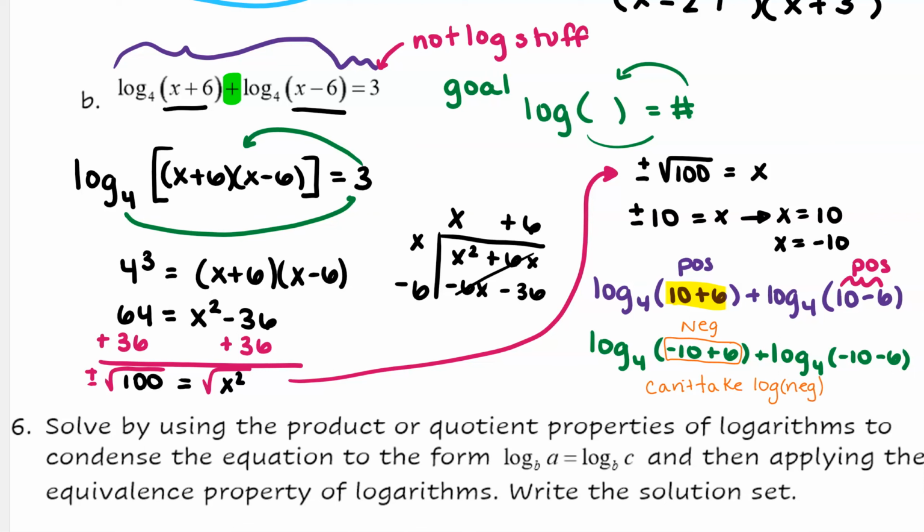So negative 10 didn't work. And again, it's not because negative 10 is a negative number. It's because when you plug negative 10 in for your x, you get a log of a negative number.